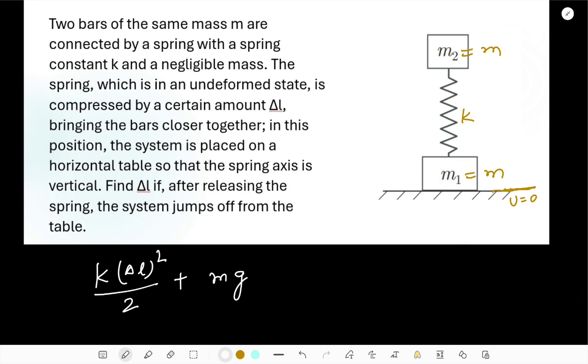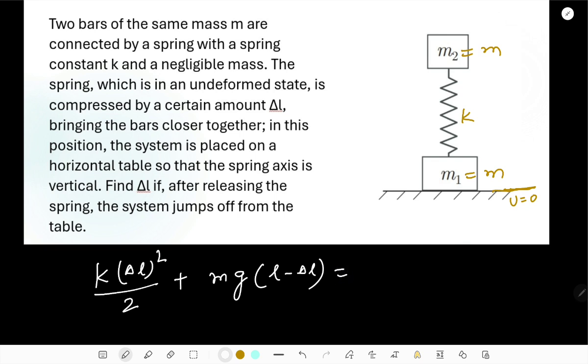I just took it in the previous example as L, and its compressed length is delta L. So now the length of the spring must be L minus delta L, so that the potential energy becomes mg(L minus delta L). That is the initial potential energy.